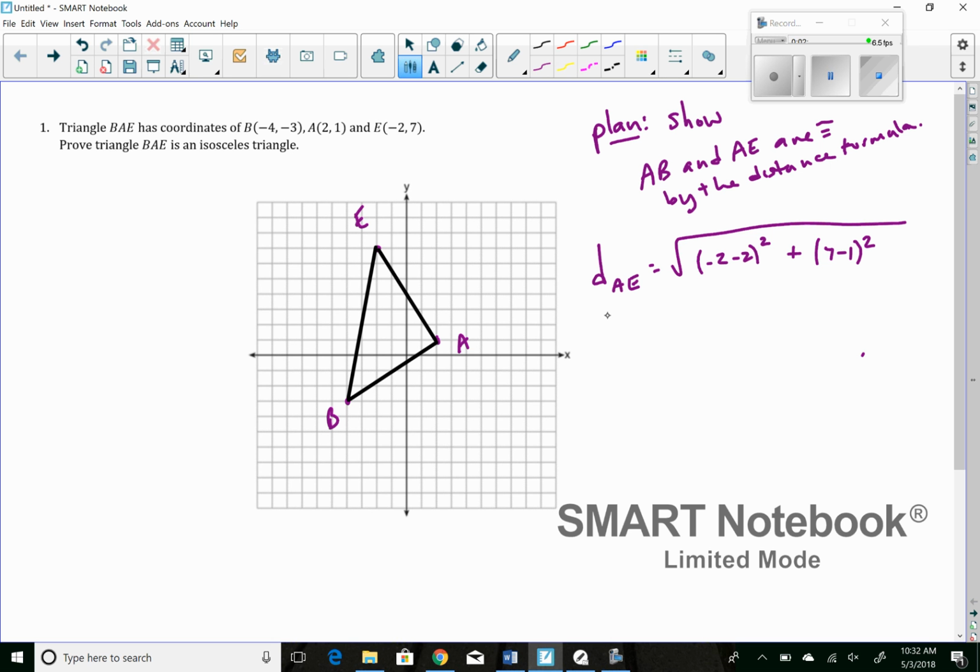Now remember, for these proofs, I don't actually need to know what this is in simplest radical form or in any kind of other special form. I just want to know that they're the same number. So I just want to figure out what is this number underneath the radical. So if I do that, I wind up getting, what's this going to wind up being? 16 plus 36, so that's 52.